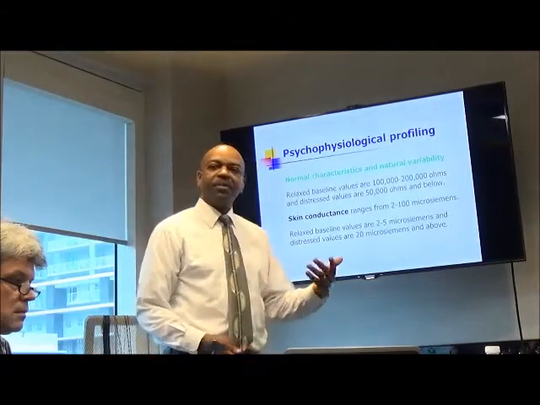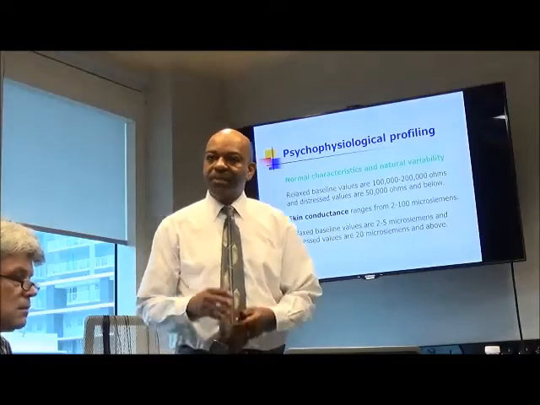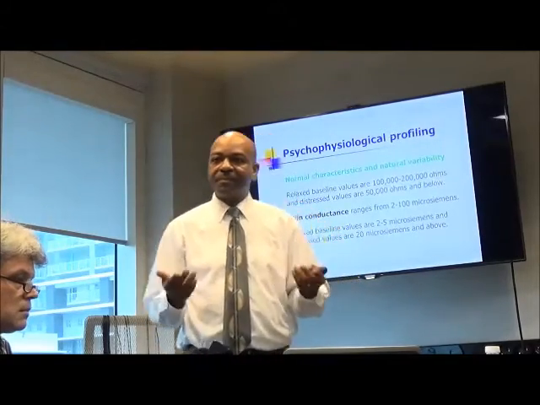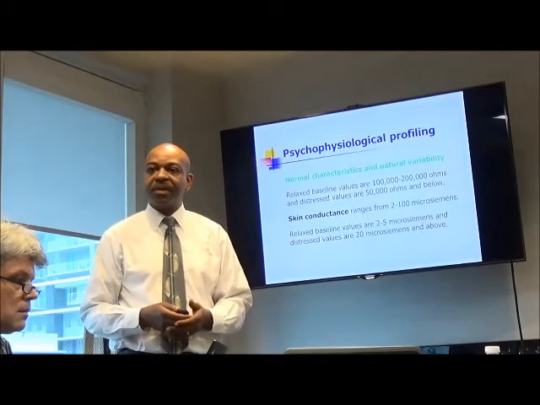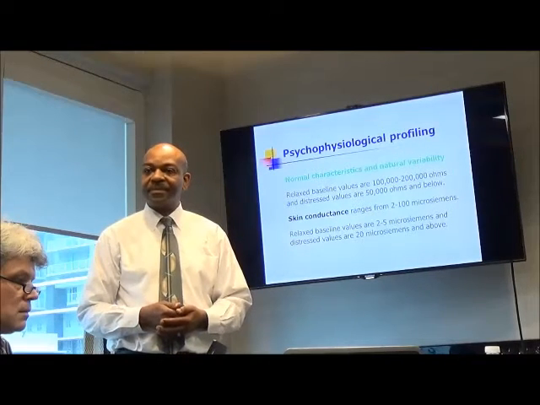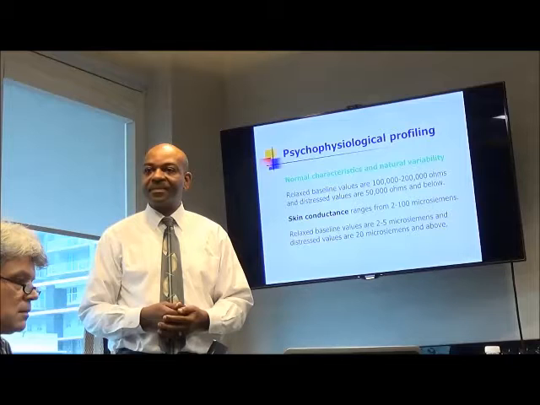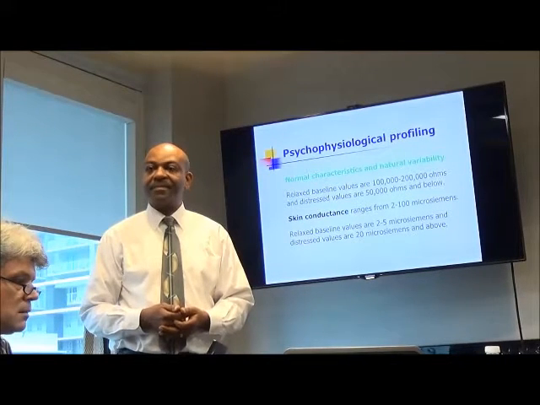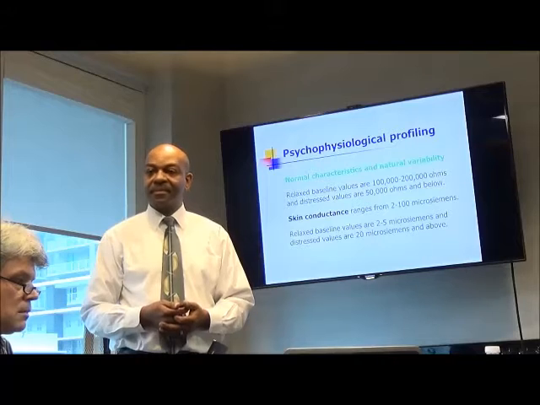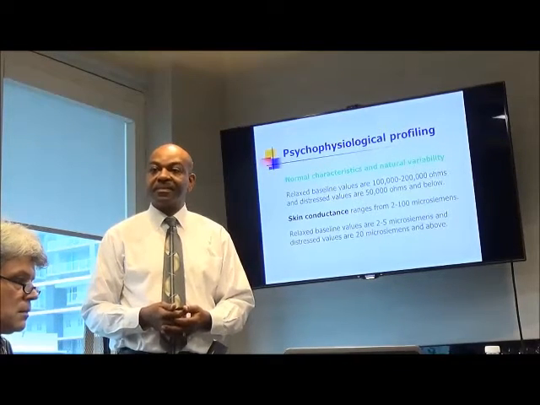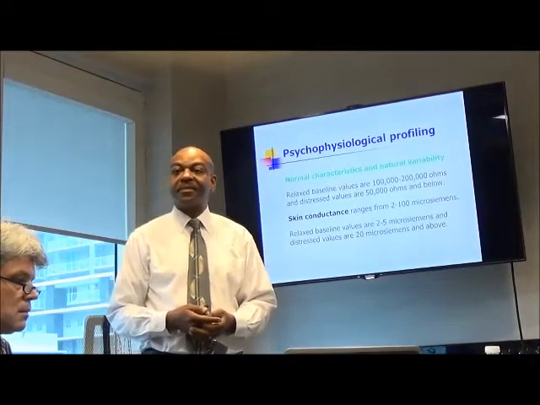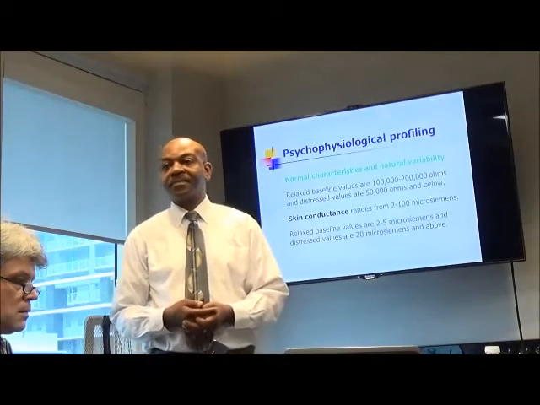And what reading would you consider to be somewhat high? Well, a reading in microsiemens or micromhos above 3 microsiemens is awareness or alertness or even attention. We have to remember that skin conductance changes with attention, not only with arousal.